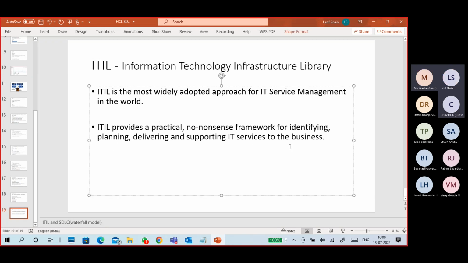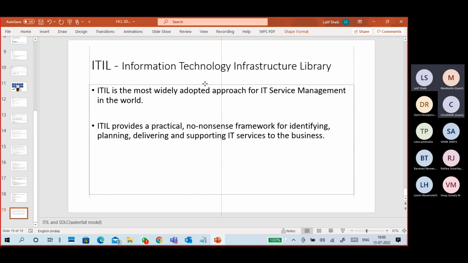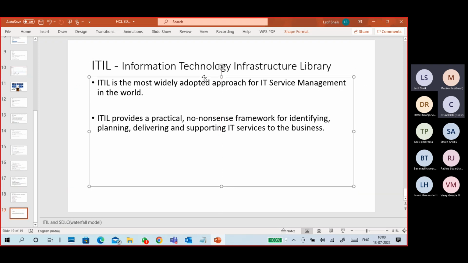So ITIL provides a no-nonsense framework. No nonsense means there is no nonsense. A sensible framework means it designs a process so that it should happen like this only. Practical: normally people speak in a theoretical manner, meaning it's theoretically possible but practically not applicable.